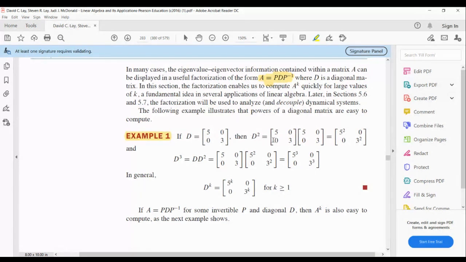D squared: if you take a diagonal matrix times a diagonal matrix, the product is just the diagonal matrix with each diagonal entry squared. Okay, do you see that?